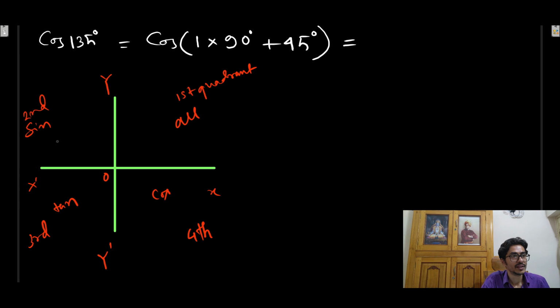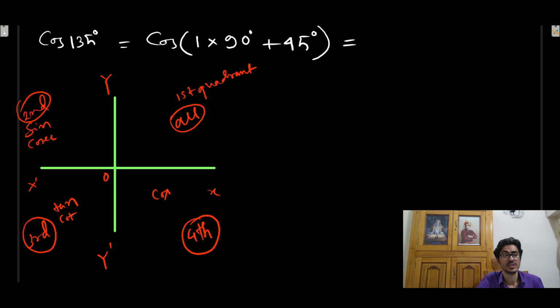So all the trigonometric ratios take positive sign in the first quadrant. Here sine and cosec take the positive sign, other trigonometric ratios will take negative signs. Here tan and cot take positive sign, other trigonometric ratios will take negative signs. Here cos and sec will take positive sign and other trigonometric ratios will take negative signs.